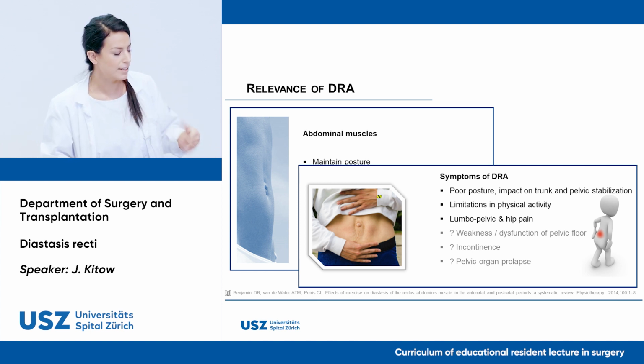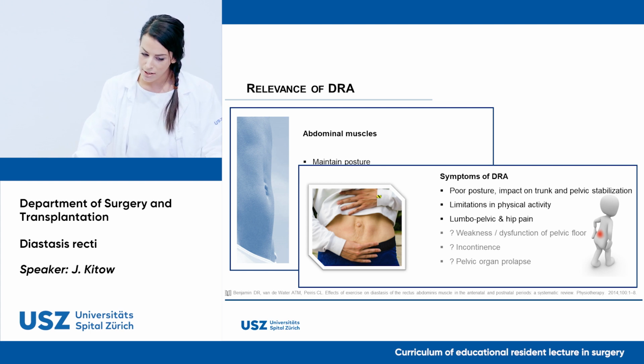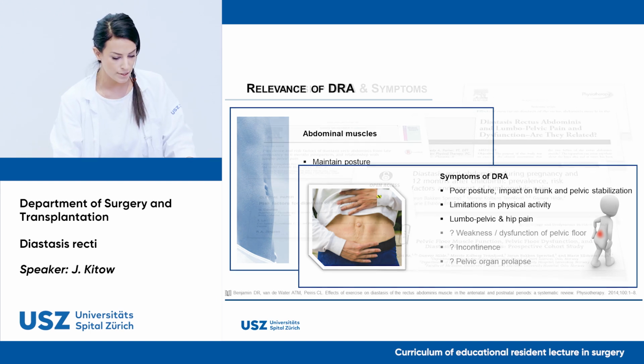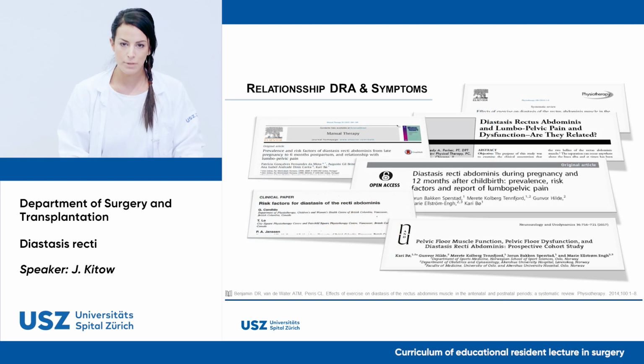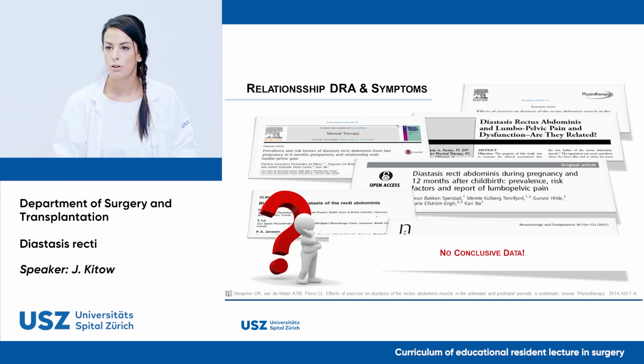But it remains unclear whether weakness and dysfunction of the pelvic floor, as well as incontinence or pelvic organ prolapse, is combined with diastasis rectus abdominis. So again here, you'll see many symptoms, many articles, but actually there's no conclusive data between symptoms and diastasis rectus abdominis.